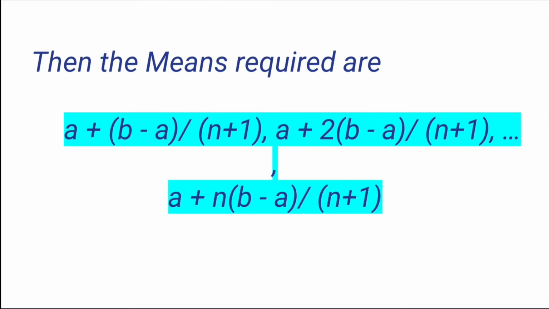And the third mean will be a plus 3 times b minus a upon n plus 1, and so on. If you want to know the nth mean, that is the last mean you want to insert, say there are 20 terms you want to insert, the last mean will be a plus 20 times b minus a upon n plus 1, where n is 20, so it will become 21, right?